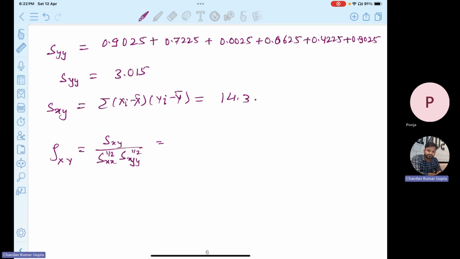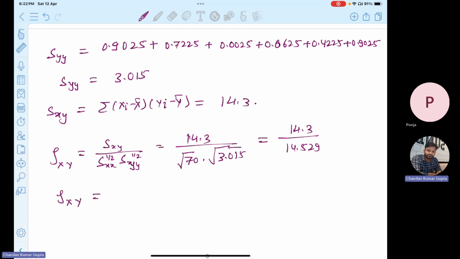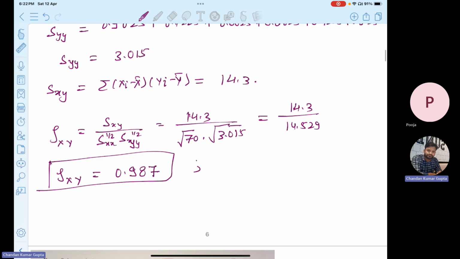So it is 14.3 divided by the square root of 70 times the square root of 3.015. We just need to simplify these things. 14.3 divided by 14.529 gives rho xy as 0.987. Okay, so rho here is positive, which means there is a positive relation.